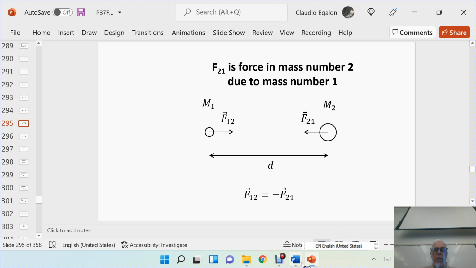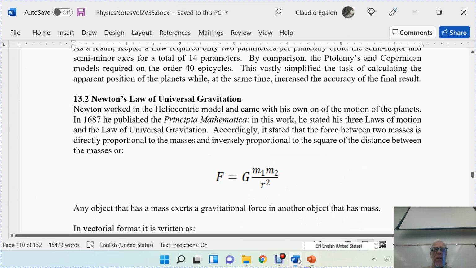So what's the relationship for those forces? There is a simple relationship, given by this formula here. The force decreases with the square of the distance, and this force is attractive. It is directly proportional to the masses m1 and m2, and inversely proportional to the square of the distance.